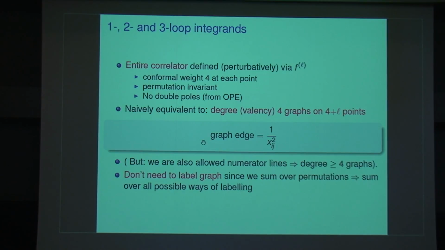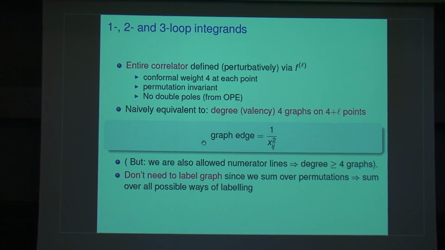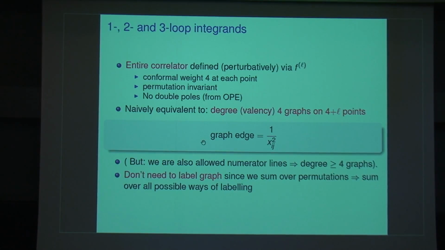In the usual way that you would expect from Feynman diagrams, I have an edge as 1 over x_ij squared. And then the problem simply becomes one of writing down all graphs that have valency 4 in 4 plus L points. So this is on all points, including the external ones. There's now no real distinction between external and internal points.